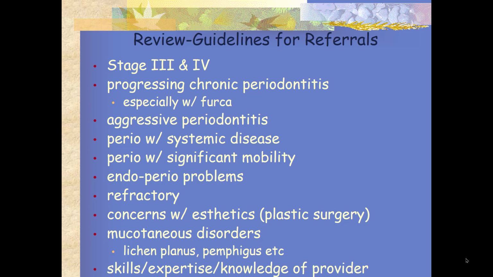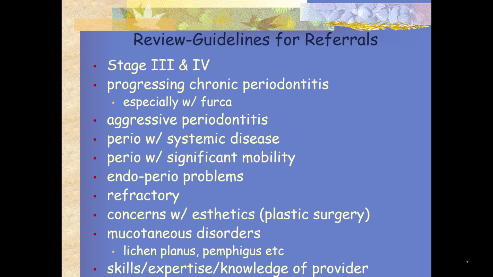In the new perio guidelines, the staging and the grading, the periodontists have basically said that if you take stages 1 and 2, divide that table in half, stage 3 and 4 are the patients that should be cared for by the periodontist.